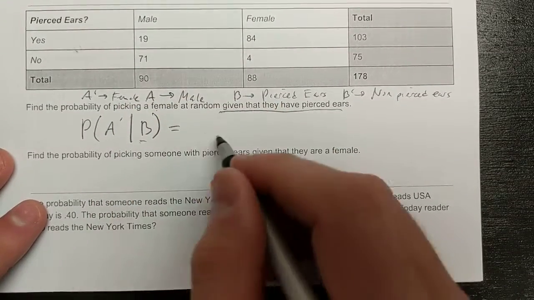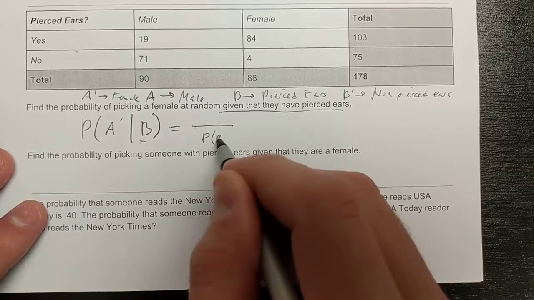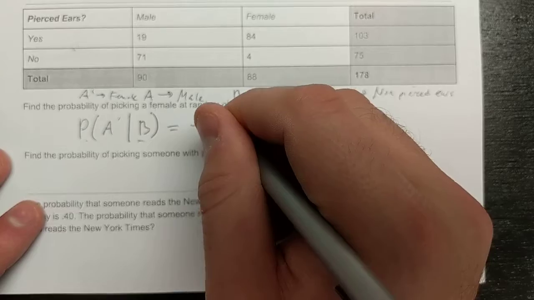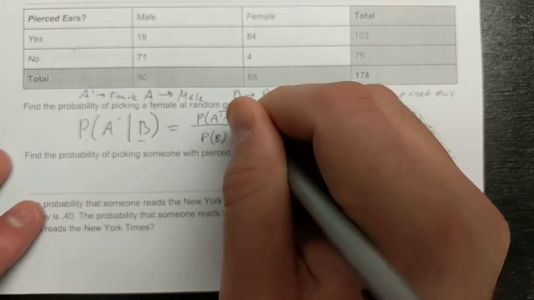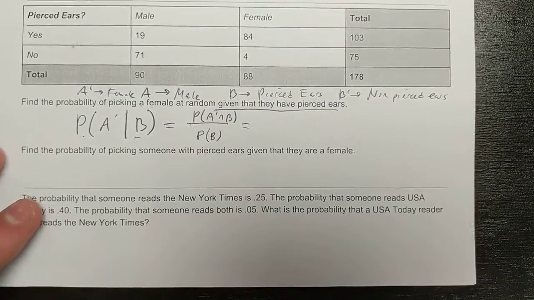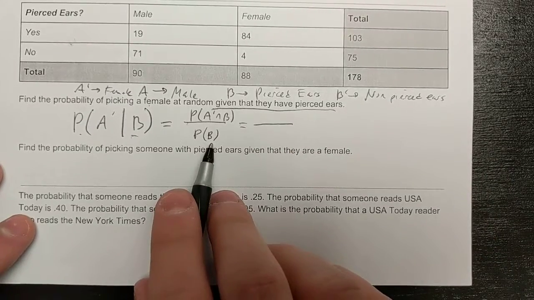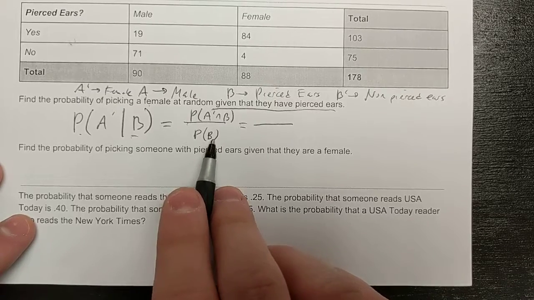So remember the given, the condition, that's always your denominator, probability of B happening. Then you're looking for the probability of complement of A and B happening at the same time. Okay? So the probability that B is going to happen, pierced, you look for the number of pierced people.